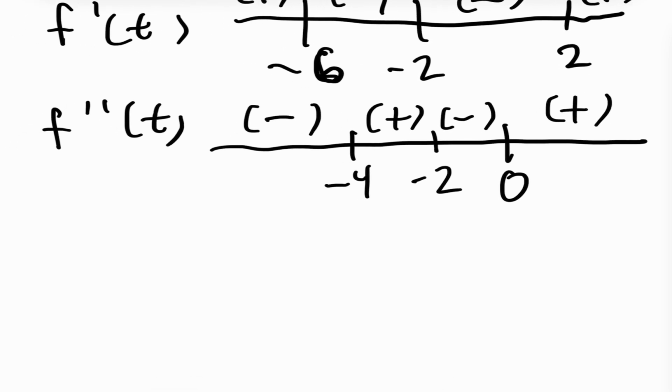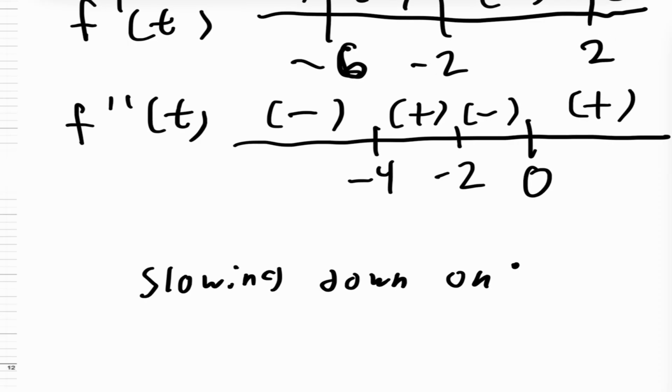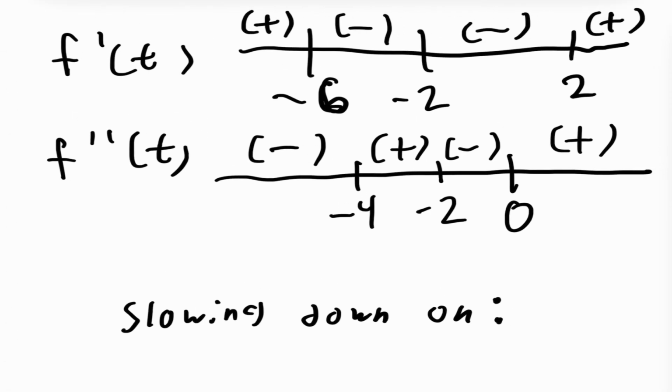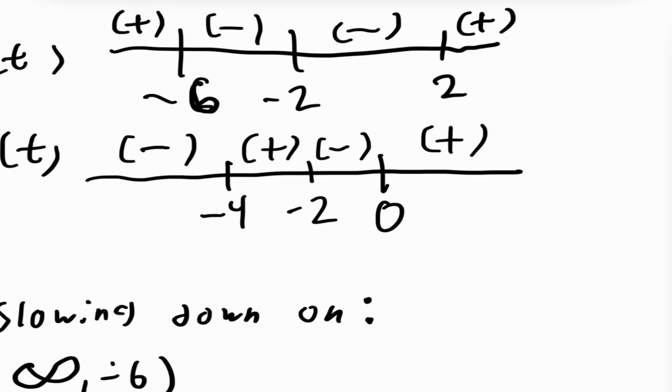It's slowing down on -infinity to -6, -4 to -2, and 0 to 2.